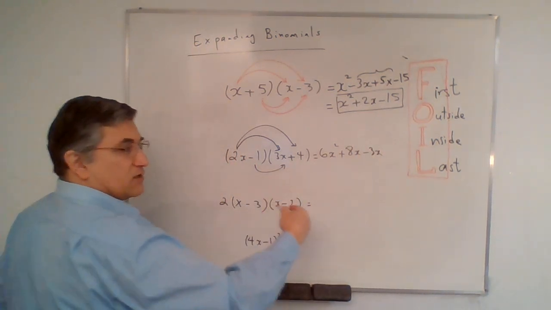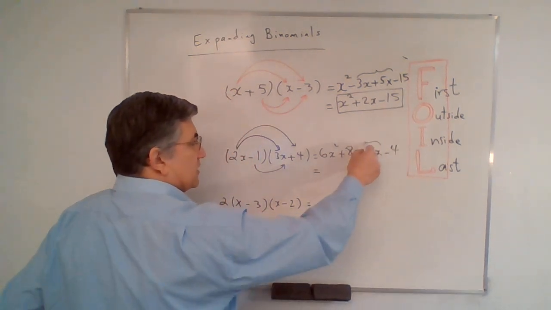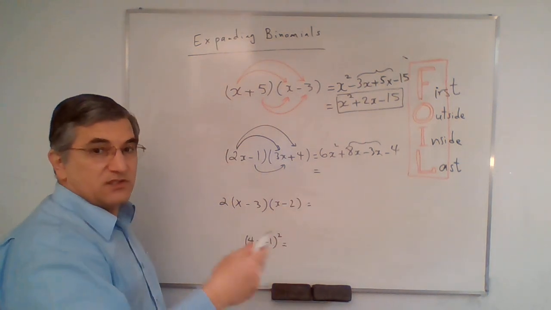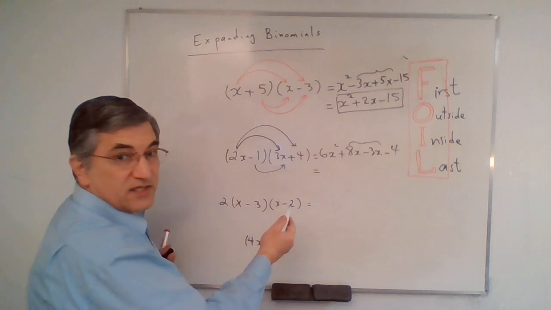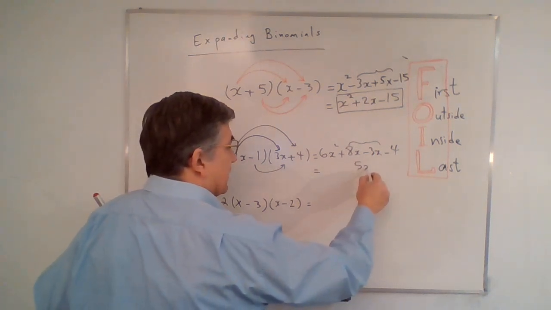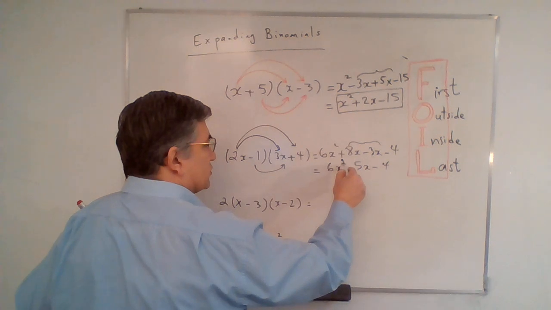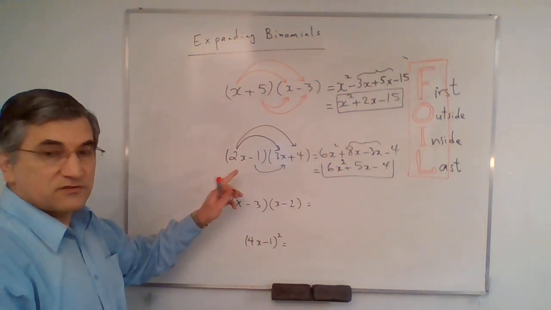And then we have negative 1 times 4, which is negative 4. Now, again, collecting like terms, 8x minus 3x, just like you have 8 apples, and then you eat 3 apples. So 5 apples are left, right? So 8x minus 3x would be 5x. And then minus 4, 6x squared, everything remains unchanged. So this is the final answer for that product.